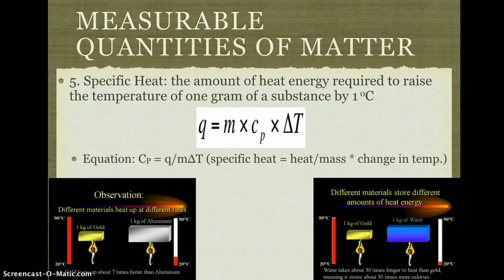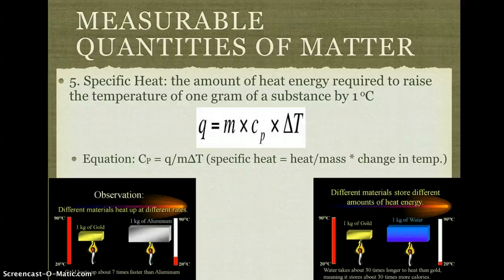The other idea is that different materials will store different amounts of energy. If we look at this again, 1 kilogram of gold, 1 kilogram of water, we see the densities are much different because of the space that that 1 kilogram would take up. And it also mentions here that water takes about 30 times longer to heat than gold because it stores 30 times more calories.